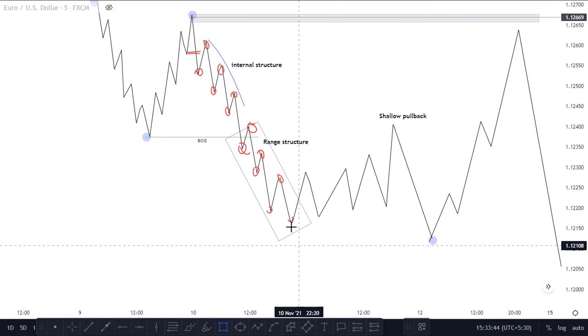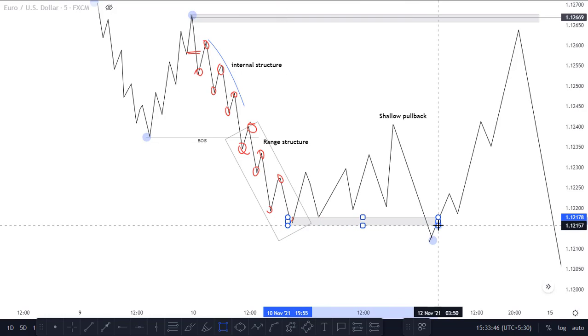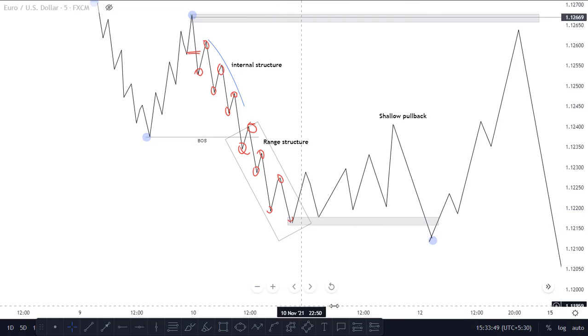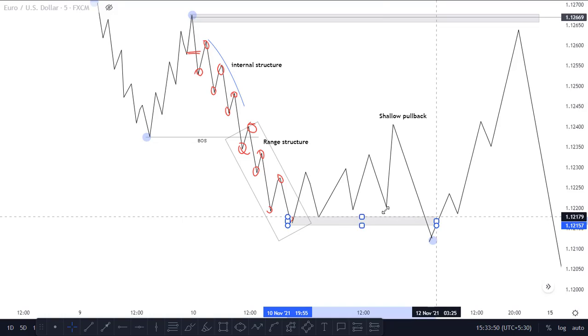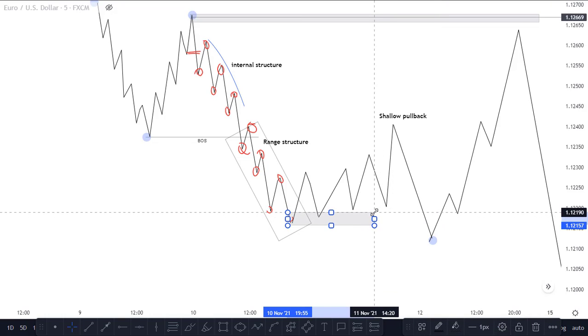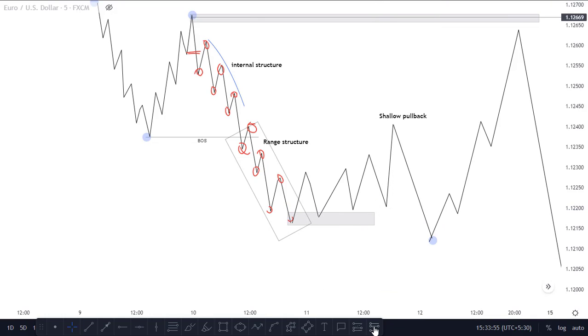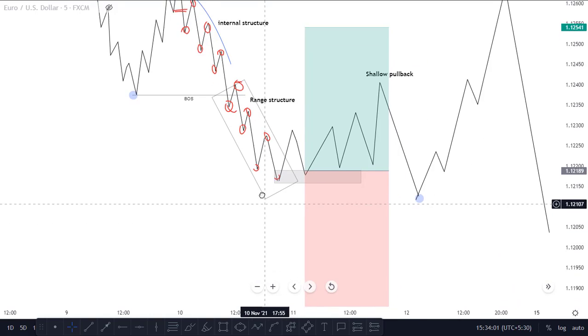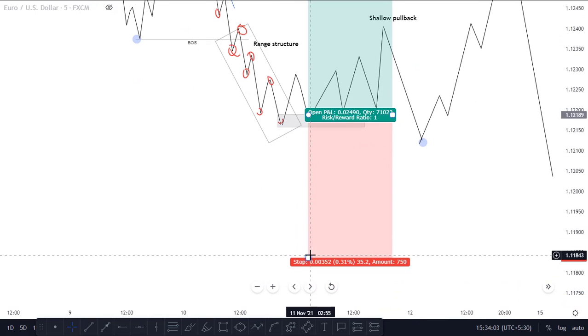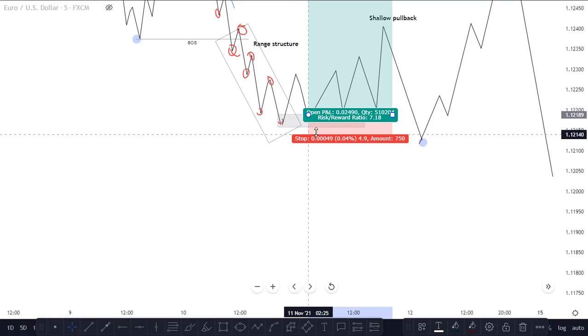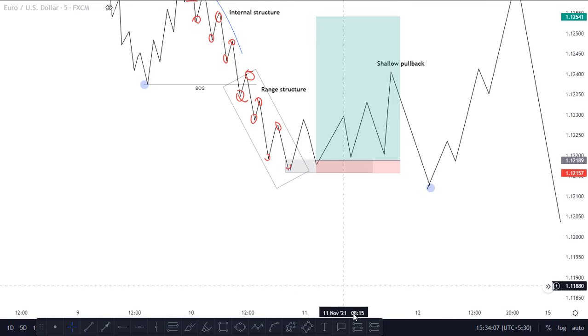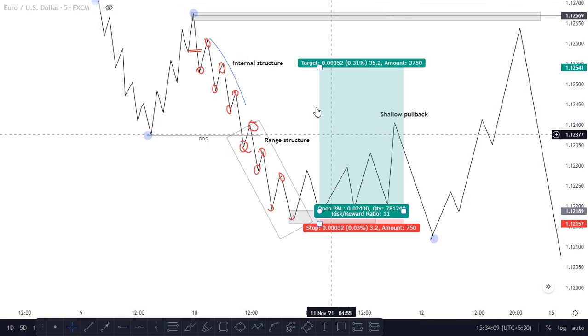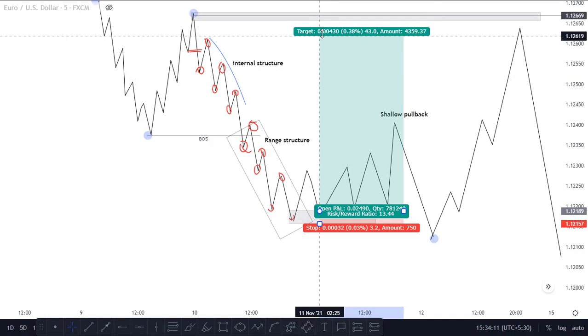Let's say you are buying from here. You are expecting price to go deep on the top. You have put your stop loss here, and then maybe you are targeting those who trade support and resistance.